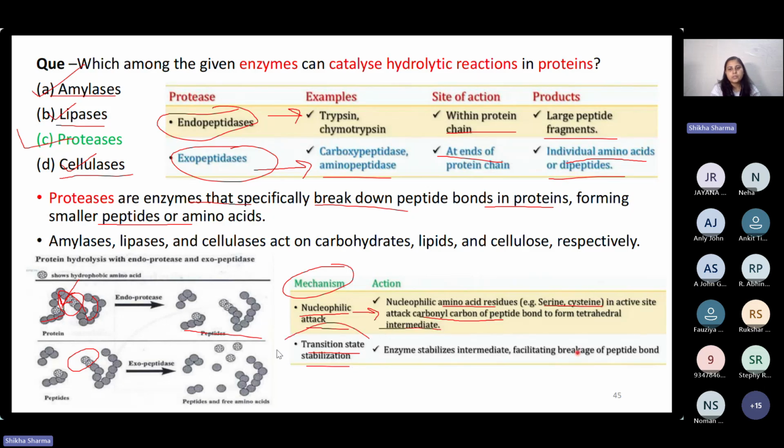In transition state stabilization, the enzyme stabilizes intermediates and facilitates the bond breakage of peptides. These two kinds of actions may occur depending on which enzyme it is.